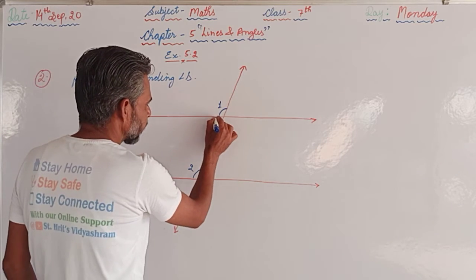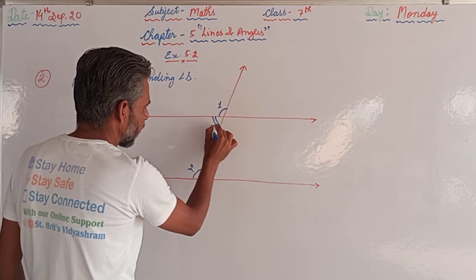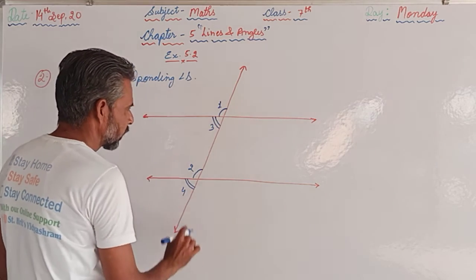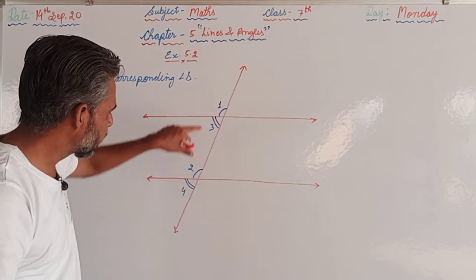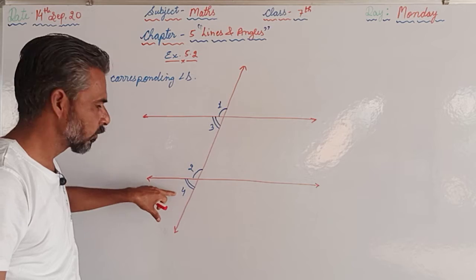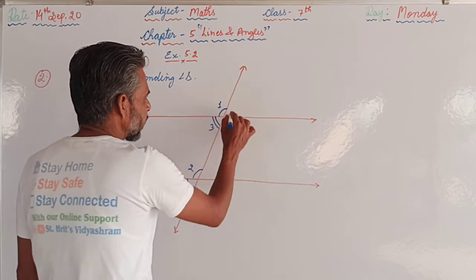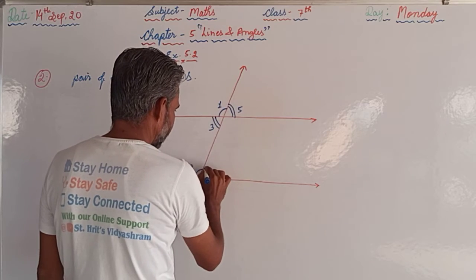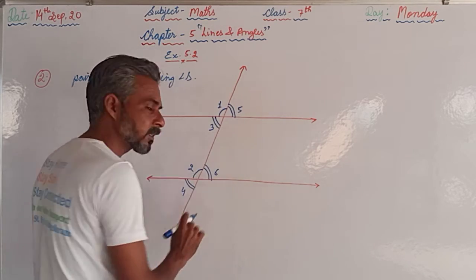At the same time, angle 3 and angle 4 are corresponding angles. 1 and 2 will be equal, 3 and 4 will be equal. At the same time, 5 and 6 will be equal.